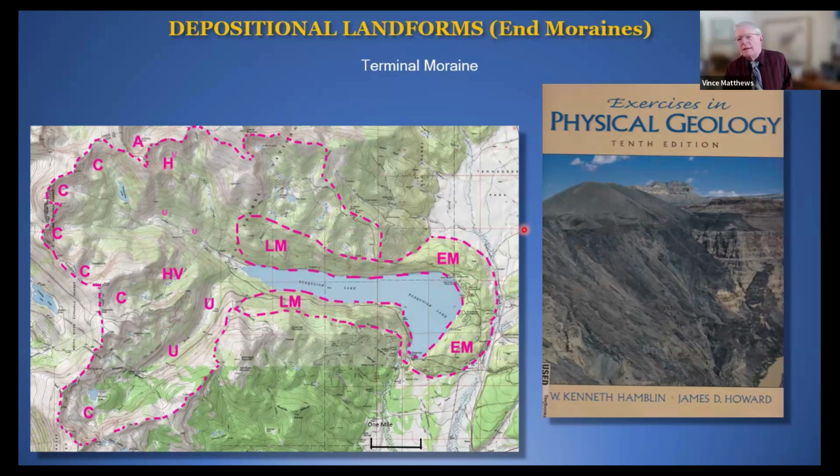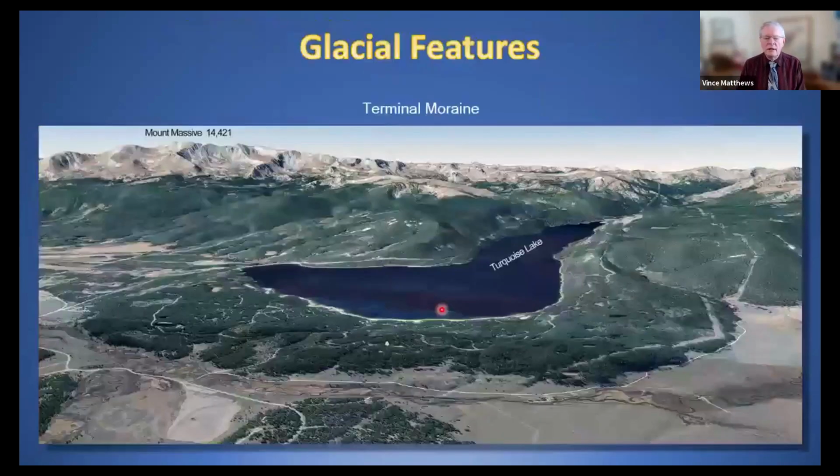But this exercise book has now sold over 1 million copies. And the 12th edition has 9 exercises on valley glaciers, and 8 of them are in Alaska, and the 9th one is still Turquoise Lake. So here's your opportunity to go see the most famous terminal moraine in the world.